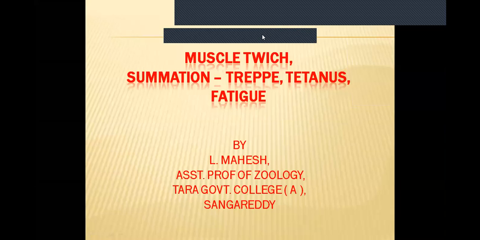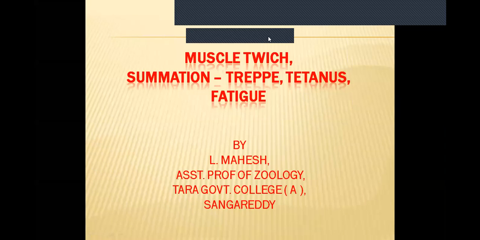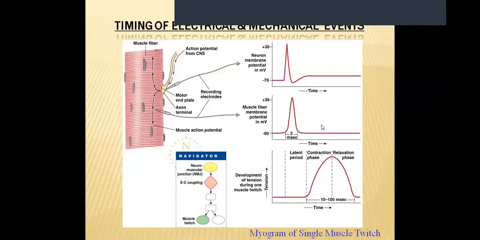In today's class, we are going to learn about certain topics related to muscle contraction. And those topics are muscle twitch, summation, Treppe, tetanus, and fatigue. So before entering into the topic, it is very important for us to understand how the muscle contraction takes place.